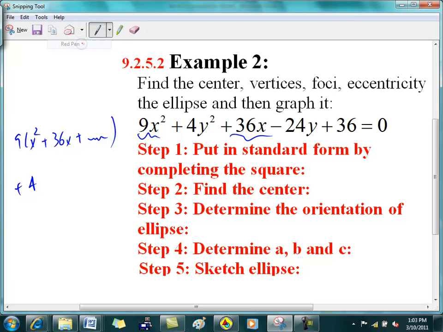So that's going to be plus 4 times y squared minus 6y, and you're going to add something there. And then you're going to take the 36 and move it over to the other side. And you're going to complete the square and then finish the story.